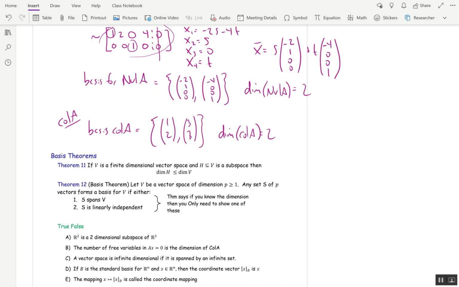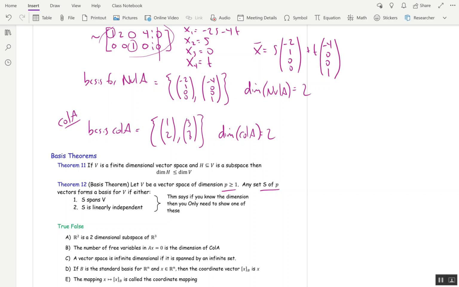But if you know the dimension of the vector space and you have a set that consists of the size of that dimension, so if you know the dimension is P and you have a set of P vectors, then you only have to show one of those two things. You have to show span or linearly independent, and you get the other one for free.